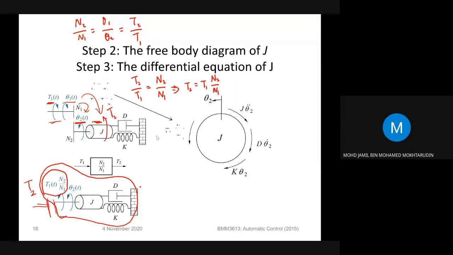And then the torque here, from the theta 2 that we calculated, will be counterclockwise. Okay, and then you can write the equation of motion, and then write it in terms of frequency.